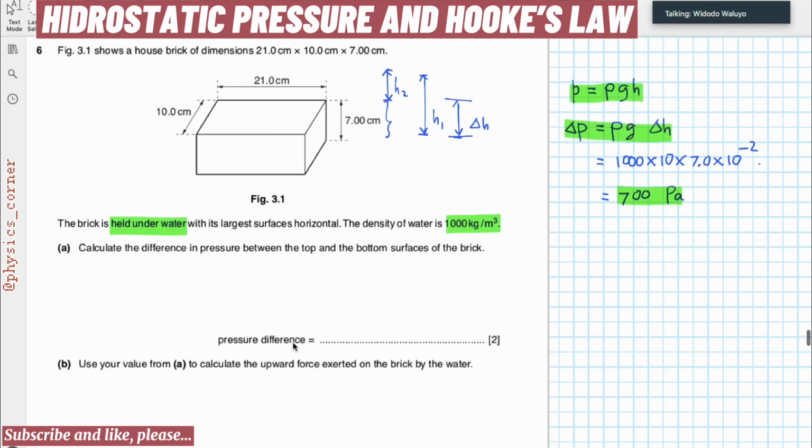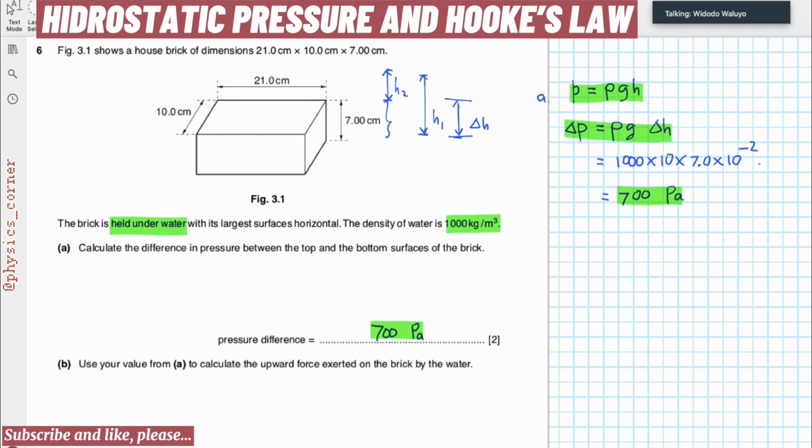Then A question is done. This is the A question, the answer is 700 Pascal. B question is to use the value from A, 700 Pascal, to calculate the upward force exerted on the brick by the water.